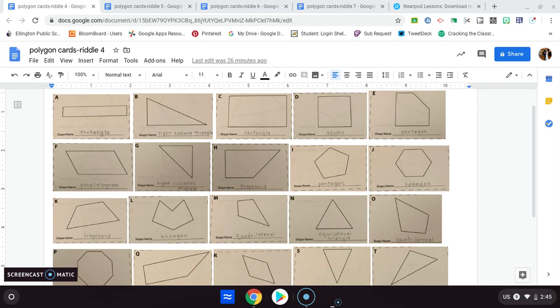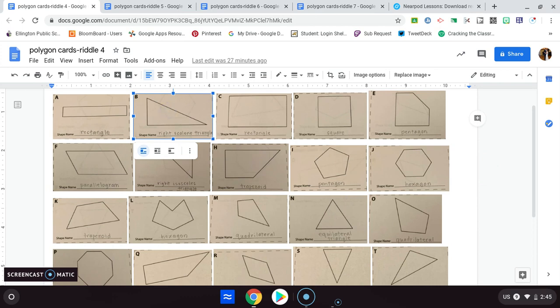First clue says, my polygon is a quadrilateral. Quad means 4. So my polygon has 4 sides. So we want to get rid of things that do not have 4 sides because the one we want has 4 sides. It is a quadrilateral.